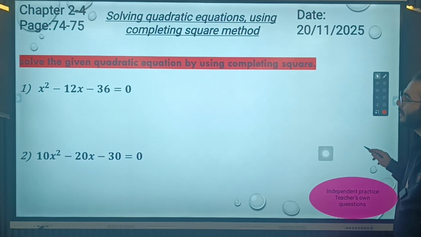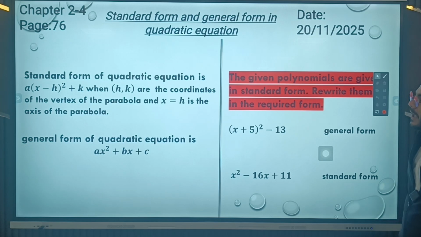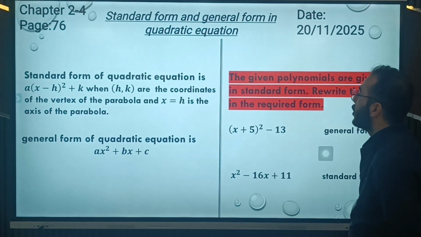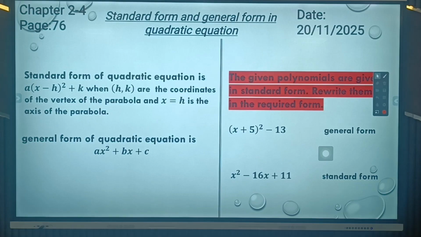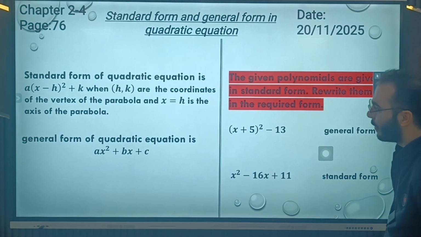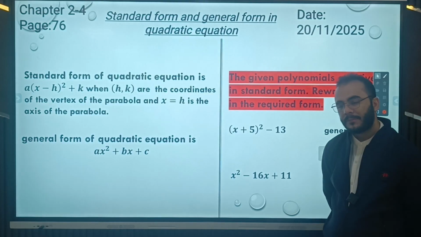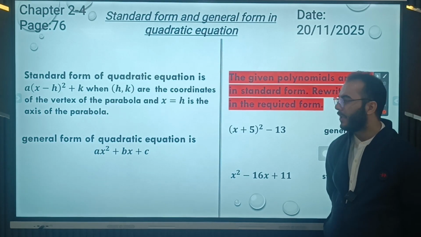And finally, this is the end of this section. So the difference between standard form and the general form. By the way, I call the standard form vertex form because we can call it in that way as well.